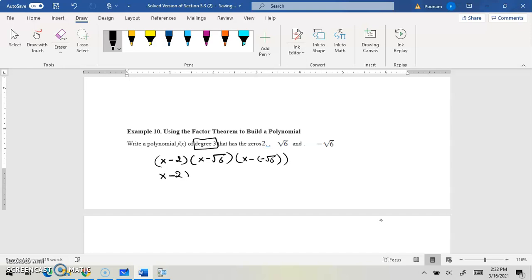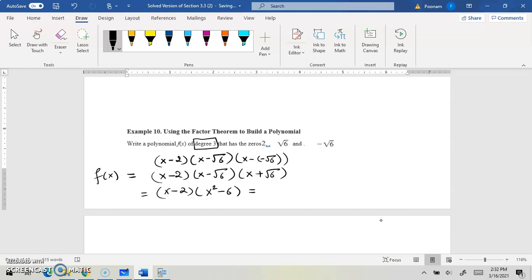So we say x minus 2, that means our polynomial would be something like x minus 2 times x minus root 6 times x plus root 6. We can simplify that as a minus b times a plus b, x squared minus 6.